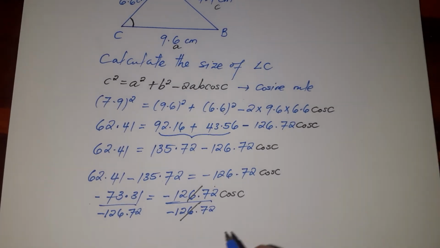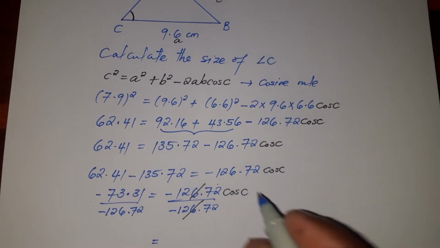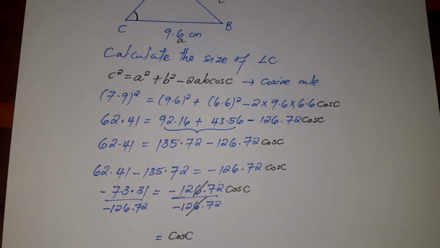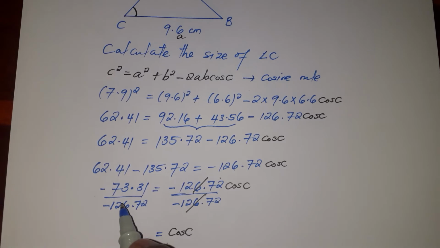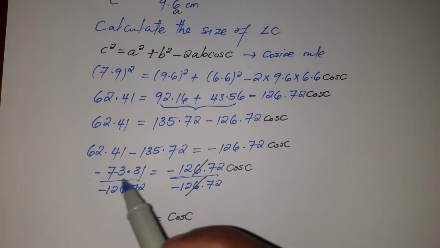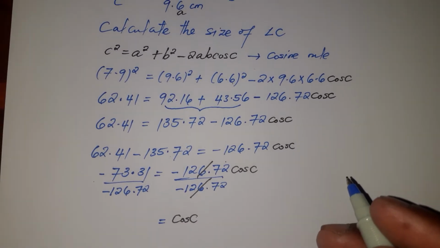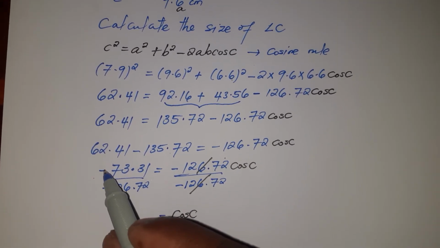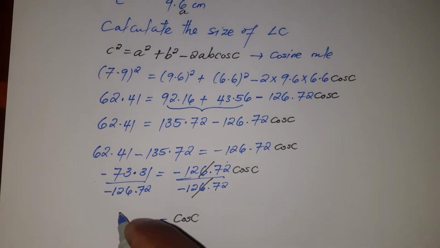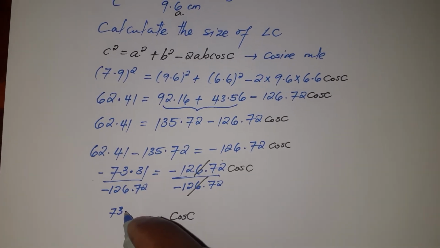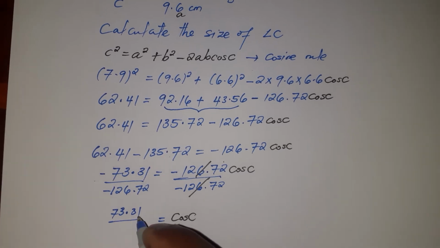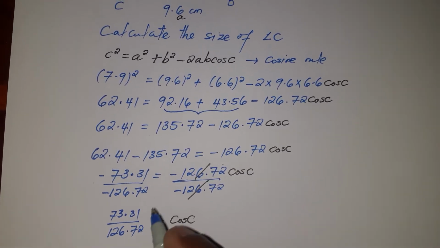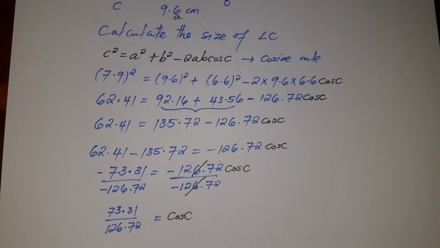Therefore, this side we are only left with cosine C, while this side I don't want to work with decimal numbers. We can leave it as a fraction like that. When we divide a negative number by a negative number, it becomes positive. Then we have positive 73.31 over 126.72. The two negatives cancel out.